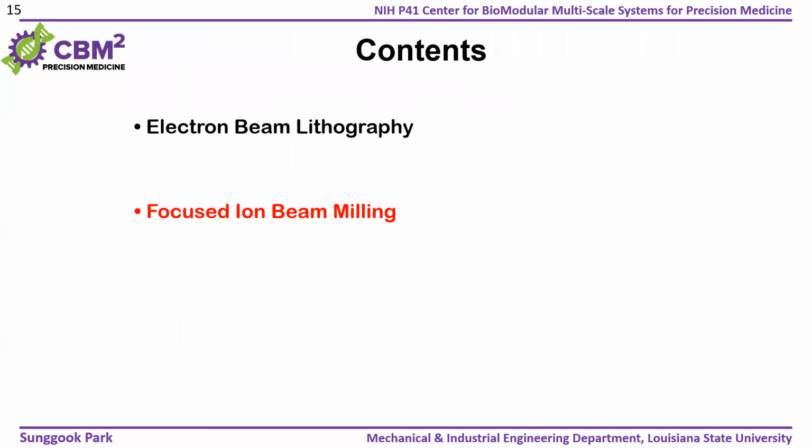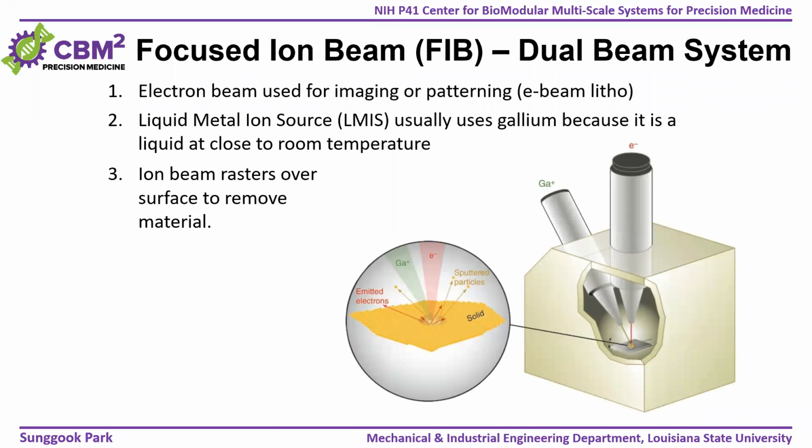So the second most widely used nanofabrication tool is the so-called focused ion beam. Different from electron beam lithography, where we use an electron beam, here we use ion beams. The system is very similar, so now we have the ion source here.